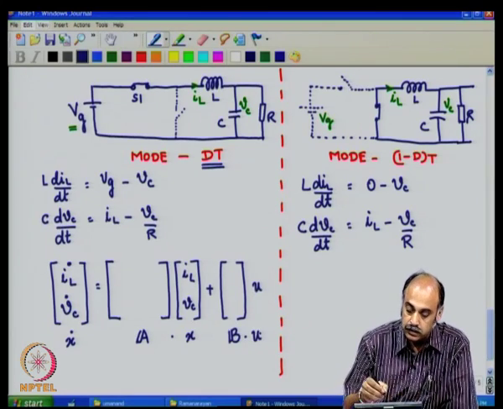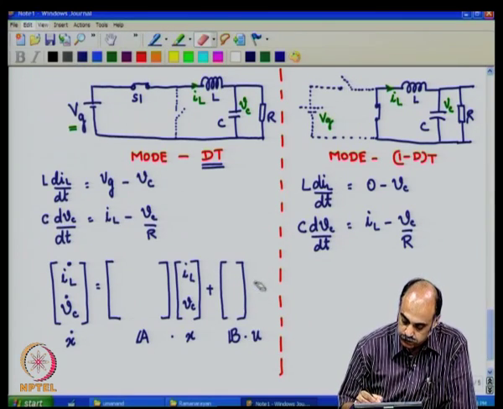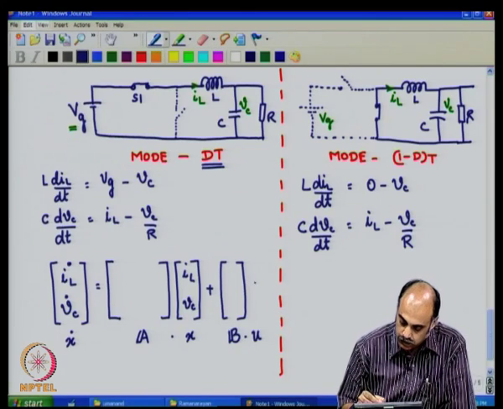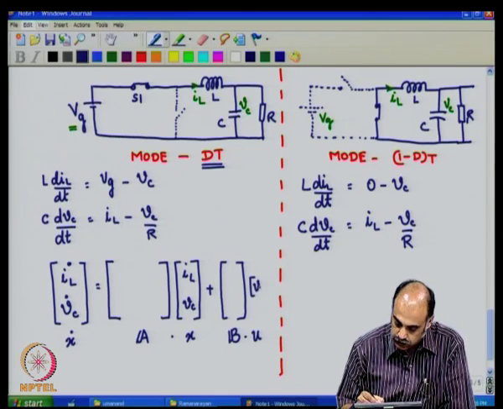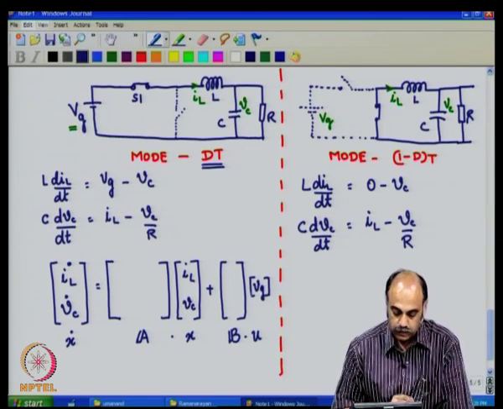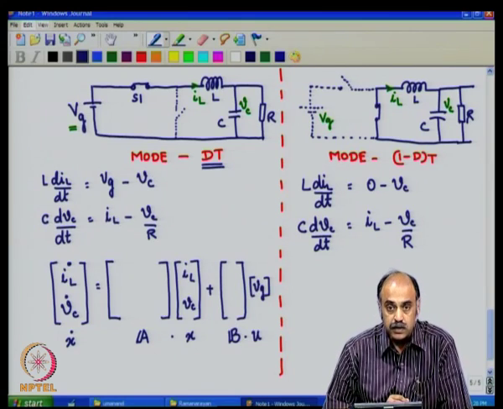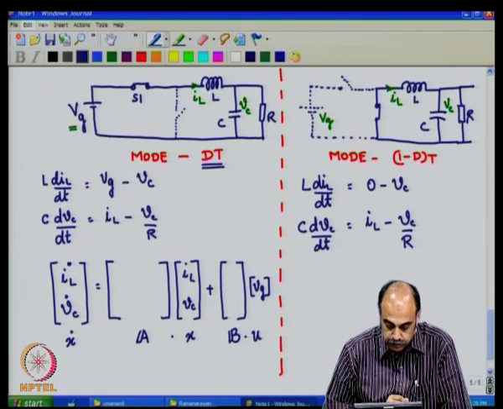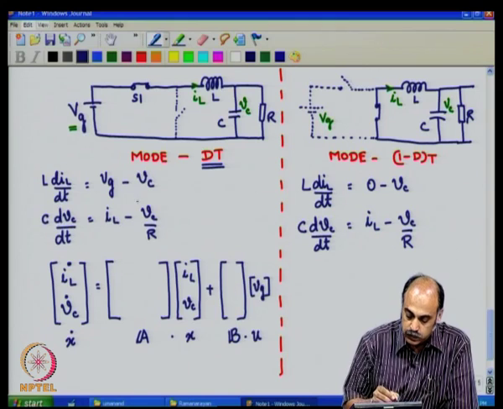Sorry, the input vector u, and the input vector is nothing but Vg. Now, we just fill in the elements of the matrix. Look at the equation here.